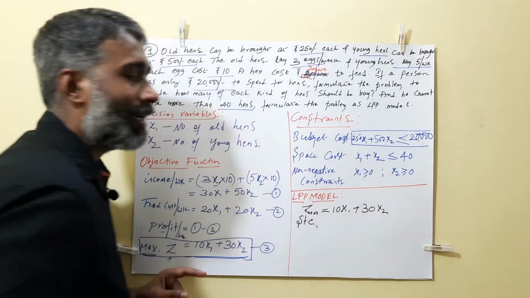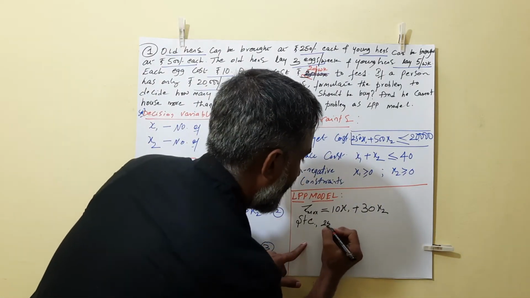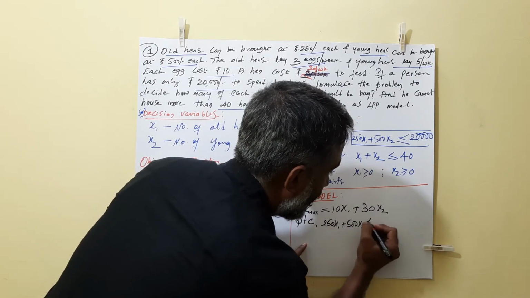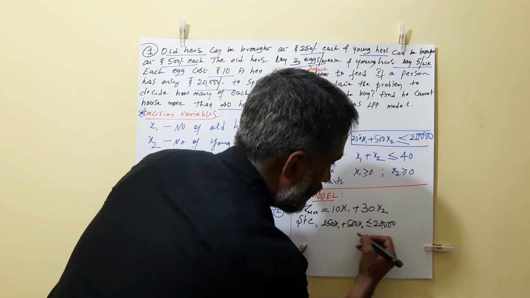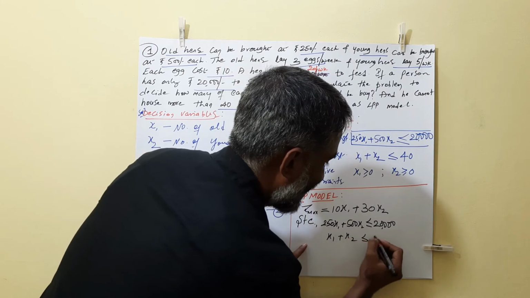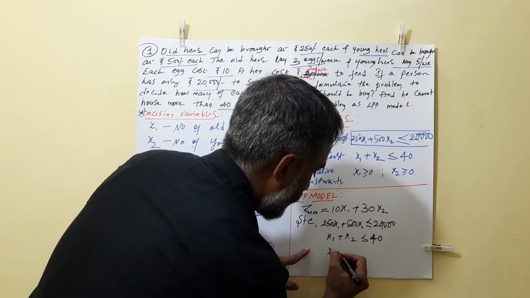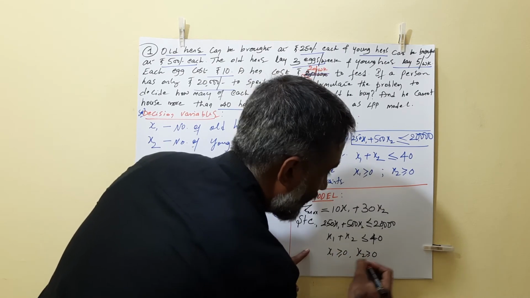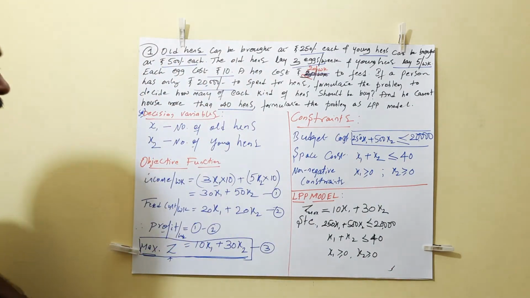In short, we write it as STC. 250x1 plus 500x2 is less than or equal to 20,000, and then x1 plus x2 is less than or equal to 40, and then x1 is greater than or equal to 0 and x2 is greater than or equal to 0. So that's the LP model. So linear programming model is that one.